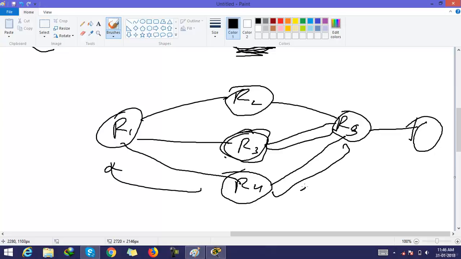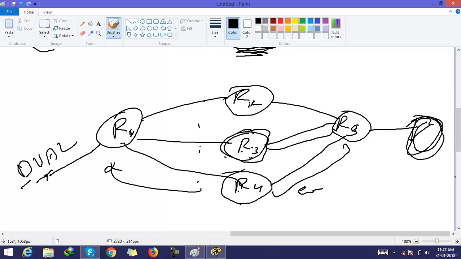So R1 has multiple paths to reach this particular network, so R1 has multiple reported distances. Now R1 runs an algorithm, that is the Diffusing Update Algorithm, DUAL, and calculates the best path.